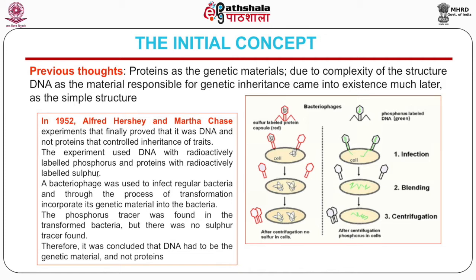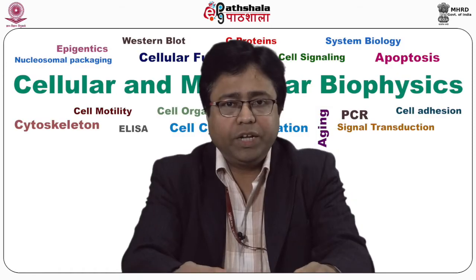But the moment it transfers the nucleic acid, there is replication and an increase in number. That clearly points out that the material for genetic inheritance, the transmission of genetic information, is the DNA and not the proteins. With these very elegant radiolabeled nucleotide experiments, people could say that DNA is the genetic material.